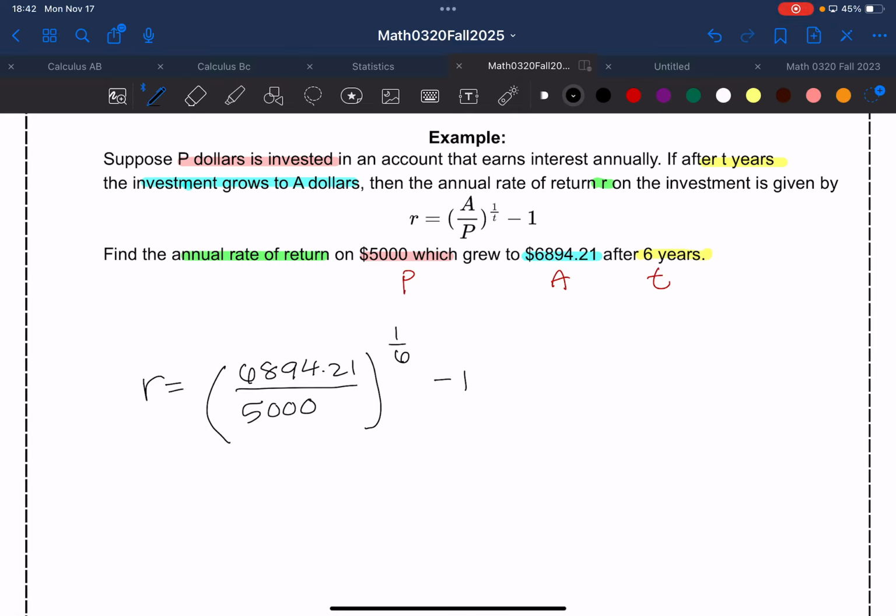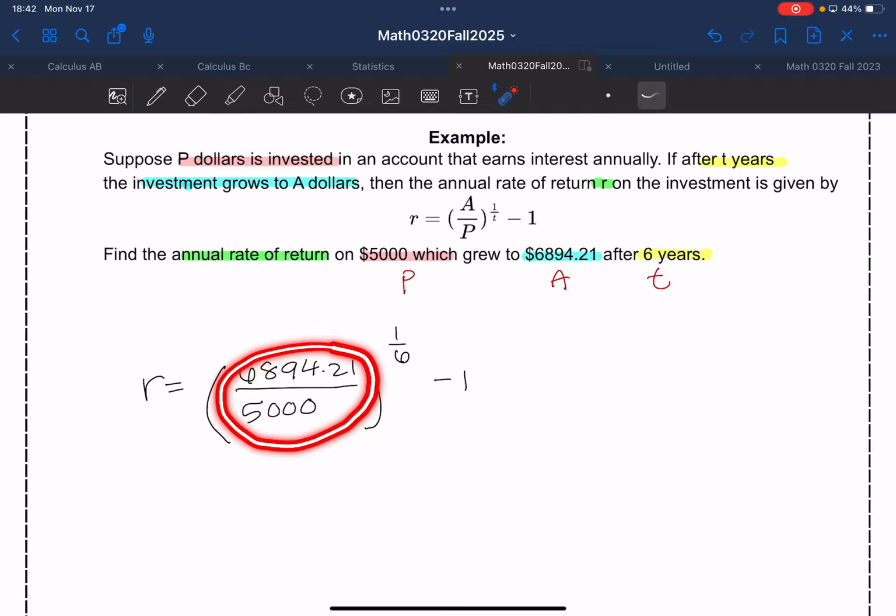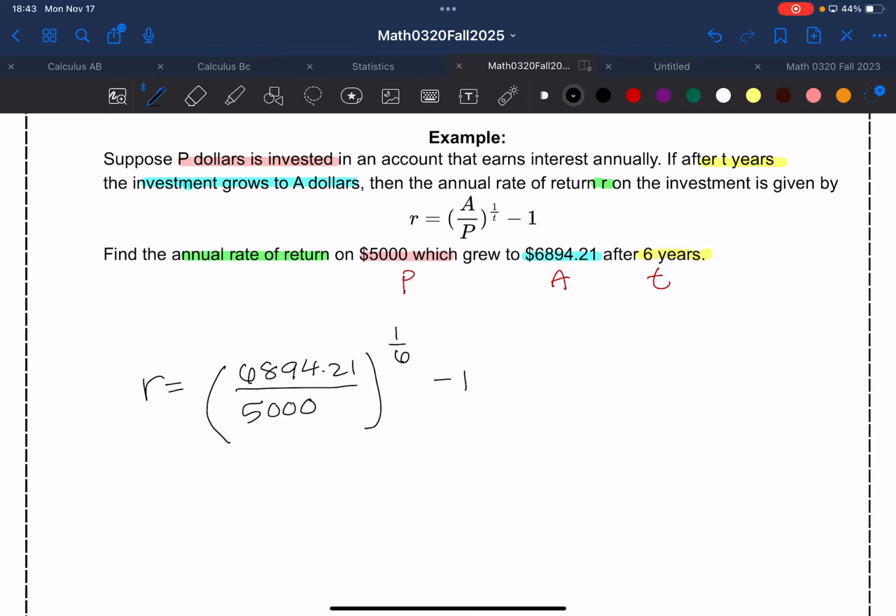But the easiest thing to do is just simplify this parenthesis first. So can someone do that on the calculator for me? Divided by 6, right? Don't do anything yet. To simplify it, I want someone to tell me what 6,800 divided by 5,000 is. 1.37? Yeah. Okay, 1.37. So R is equal to 1.37 to the power of 1/6 minus 1.